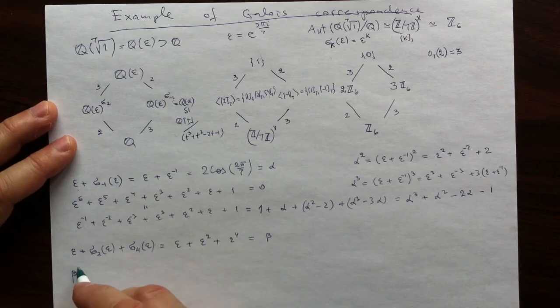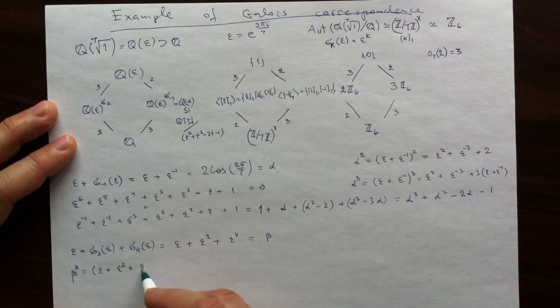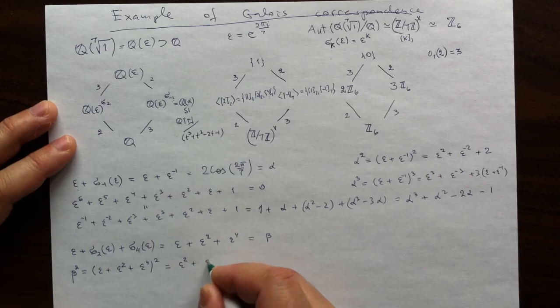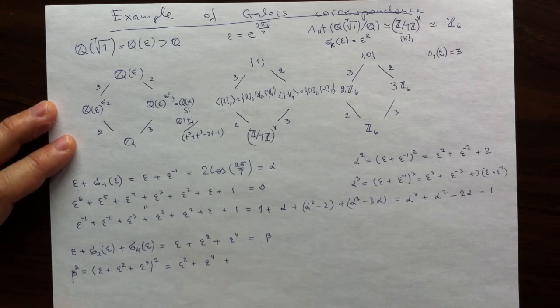I will start by computing the square of beta. So what is the square of beta? It is the square of the sum. And using the trinomial formula we can write it as the sum of squares. So epsilon to the 4th power squared is epsilon to the 8th power, but 8 mod 7 is 1, so I just have epsilon.